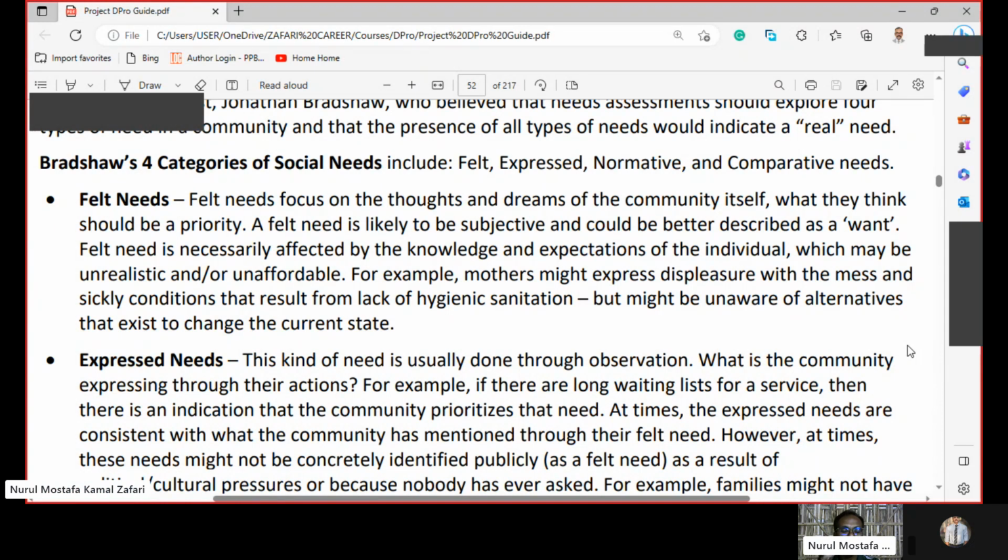Felt needs focus on the thoughts and dreams of the community itself, that they think should be a priority. A felt need is likely to be subjective and could be better described as a want.